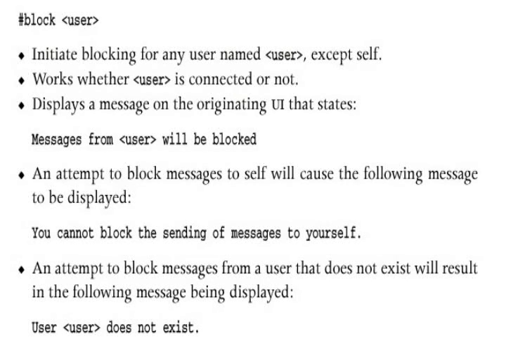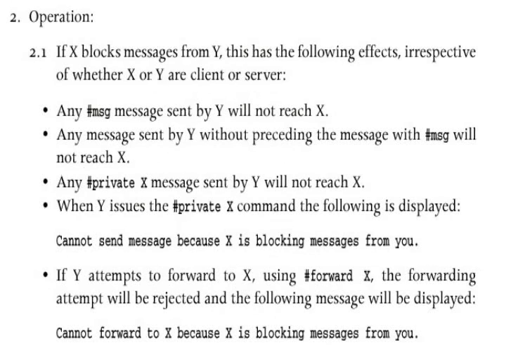Then I have a second section which is operation. This is talking more about the computations that go on. Under certain circumstances, what will happen? So if I've issued these commands, then from that point on, the system will behave slightly differently, and here's how it behaves. So if X blocks messages from Y, this has the following effects, irrespective of whether X or Y are client or server. I'm being very specific there.